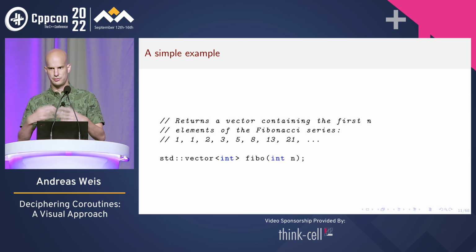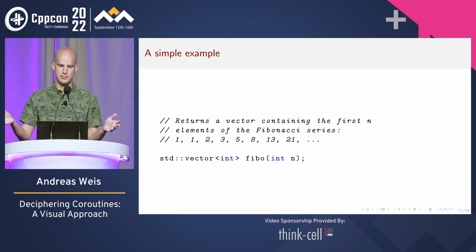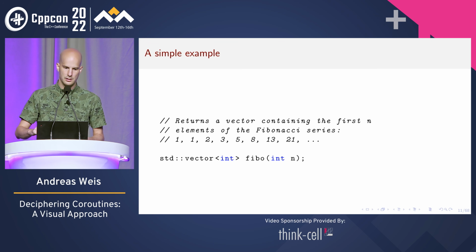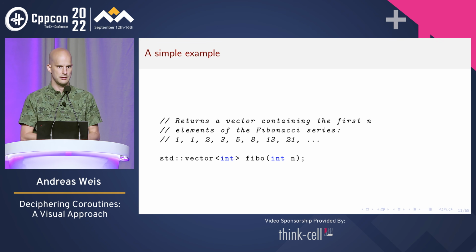Let's say you want to compute the Fibonacci sequence. The first thing that you would probably do, the simplest way to implement this, is just have a function that returns the sequence in a vector. This naive implementation has a number of disadvantages, and you can probably think of them already.